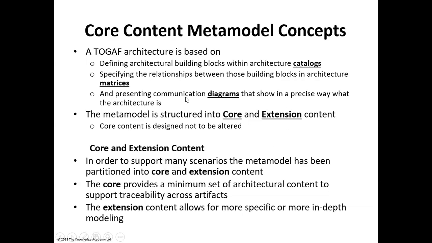In TOGAF, extension is where you can make changes, and once you decide the core in a project, you cannot alter it. Core content is designed not to be altered.